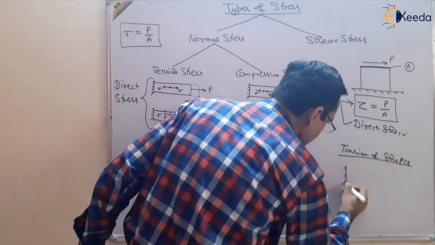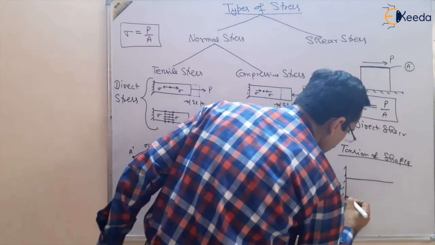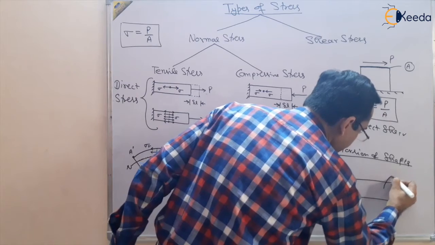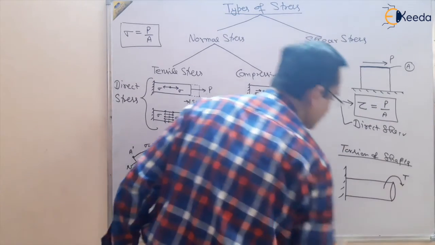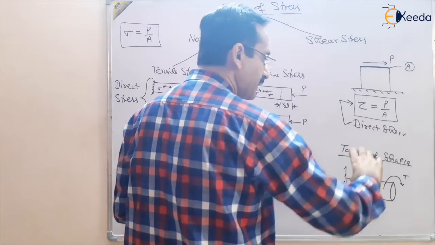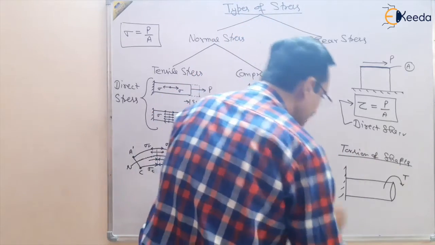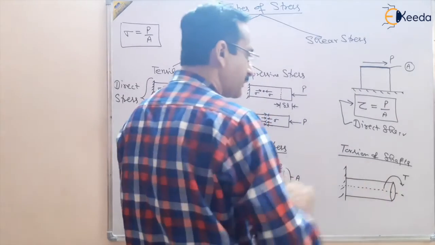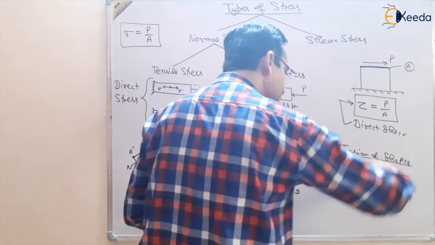Suppose there is a shaft which is rotating and a torque is applied to it like this, and this torque is basically twisting the body, right? You can see here there is some shearing phenomenon happening in this. So we can say shear stresses are developed.